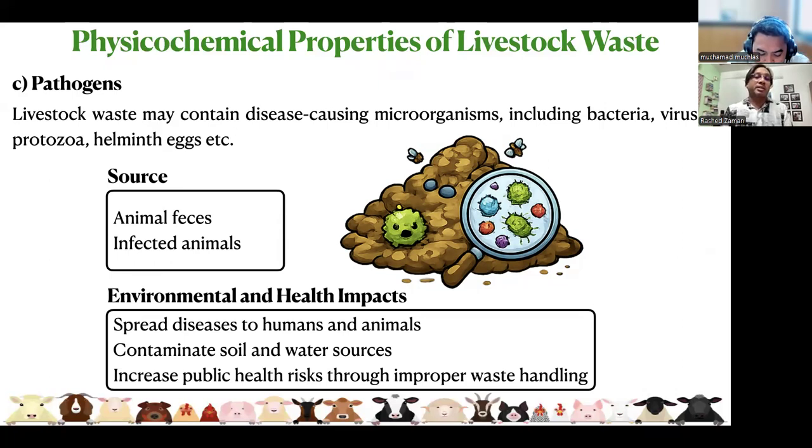So actually, the earlier two lines already described how, with an improper waste management system, these pathogens can go to the environment and ultimately cause risk to the human community. So that is why the waste should be handled with care and stored in a much proper way.